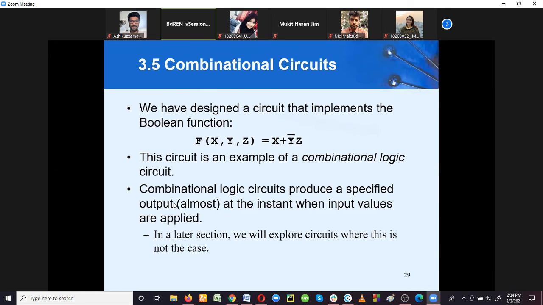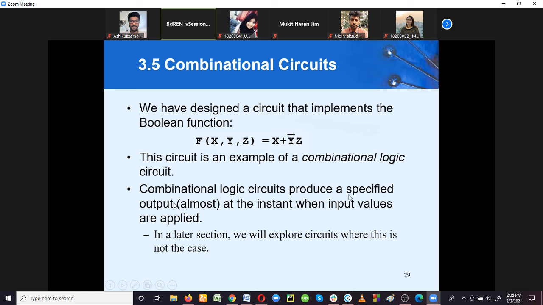Now combinational circuits. We have designed a circuit that implements the Boolean function F(x, y, z) equal to x plus y inverse z. This circuit is an example of a combinational logic circuit. Why is this a combinational logic circuit?